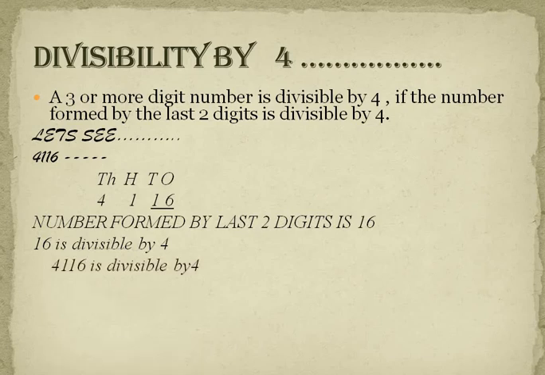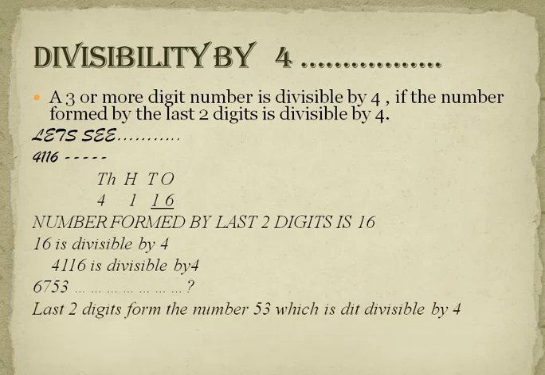Let's see another example. The number here is 6753. Is it divisible by 4? Let's see. The last 2 digits form the number 53. Does 53 come in the table of 4?